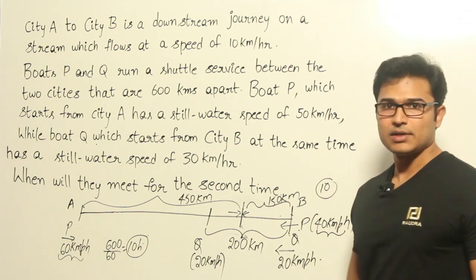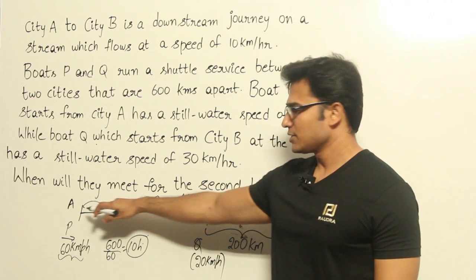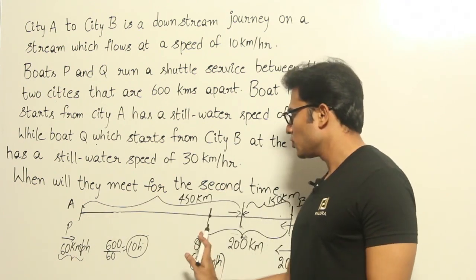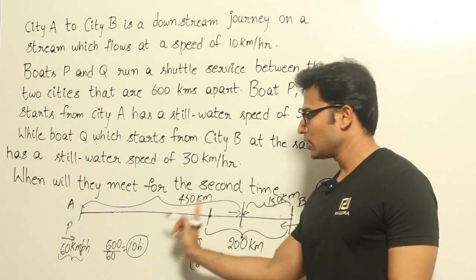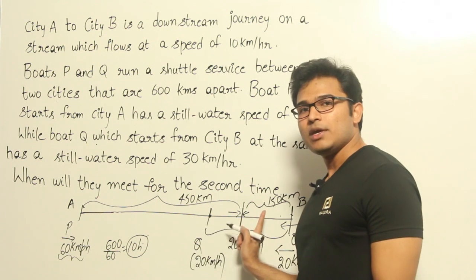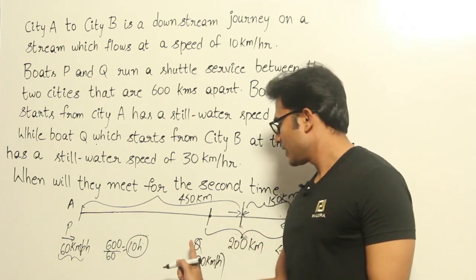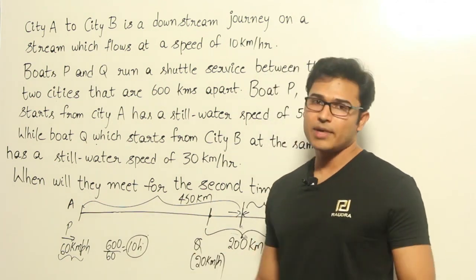So this is the scenario. Now when can they meet? They can meet either in the same direction, which means when P and Q are going in the same direction, then P might overtake Q and meet on the way, or P will be moving in that direction, and by that time Q might reach there and change its direction, and on the way it might meet.